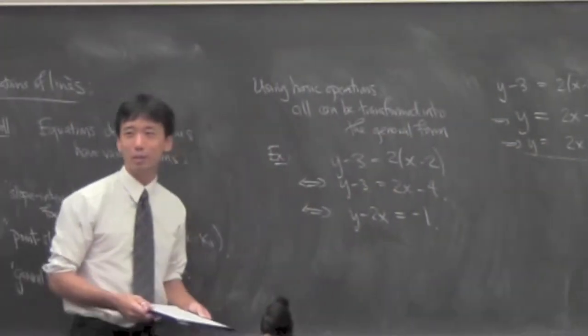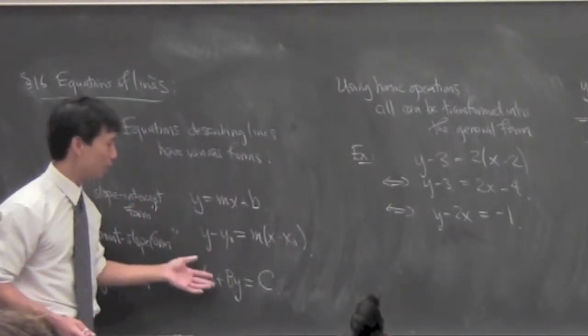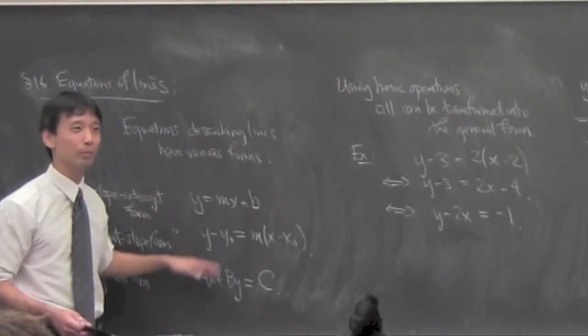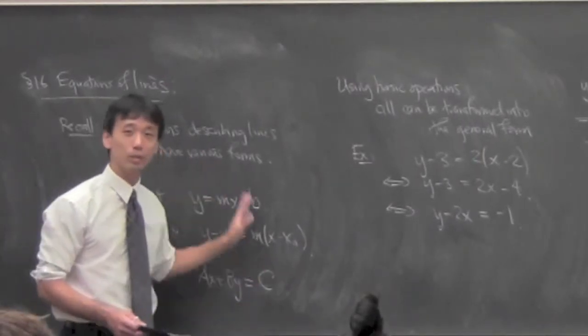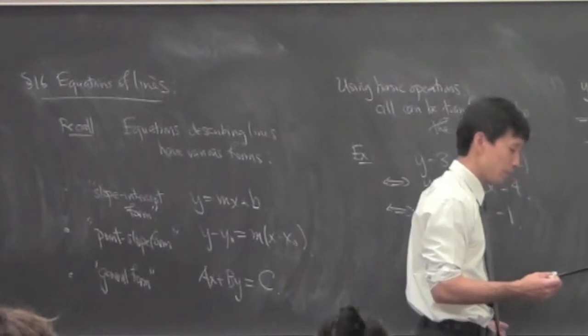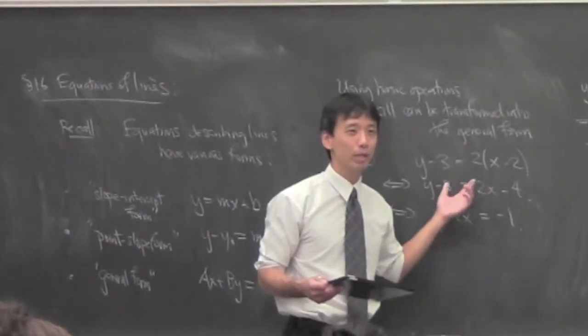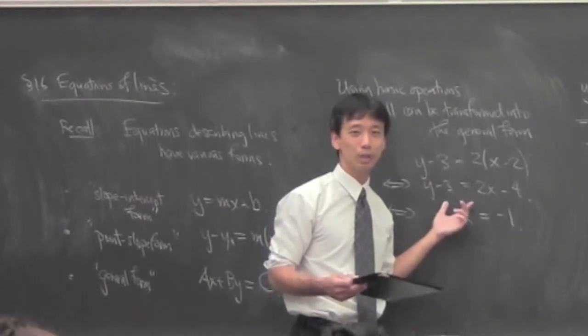So the point is that all these forms are basically the same. Roughly speaking, they're all the same, and the general one is slightly more general. But basically, if you have one, you can switch it to the others. So the question you should ask is, what's the point of having these three different forms?